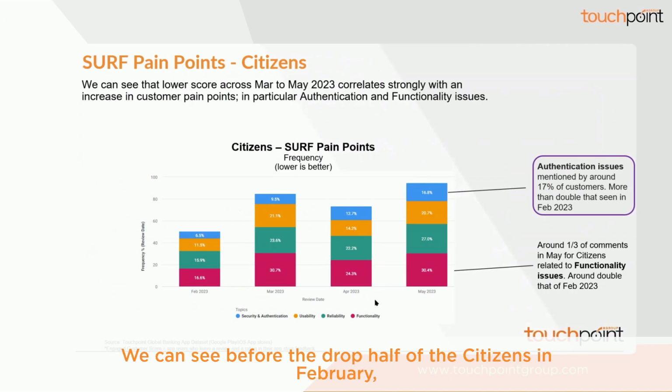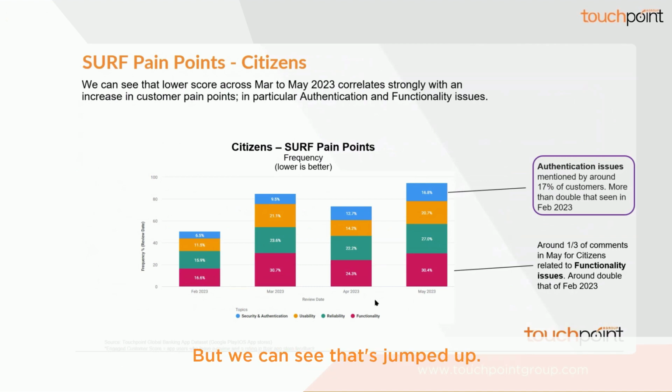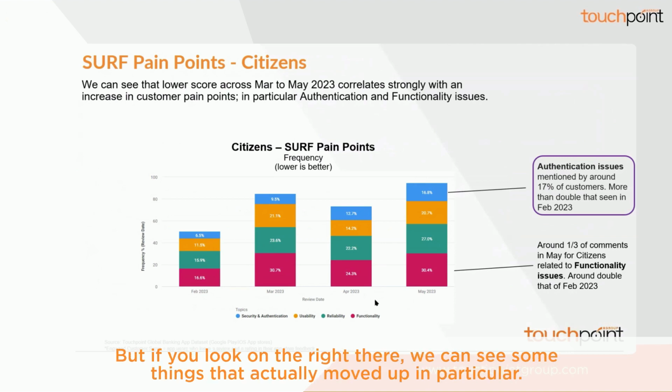We can see before the drop in February, we had some low numbers, totaling about 50% of the feedback around these issues. But we can see that it's jumped up. If we look at one in particular, functionality has gone from 16.6% in February up to 30.6%, so nearly doubling in that time period. On the right there, we can see some things that moved up in particular.